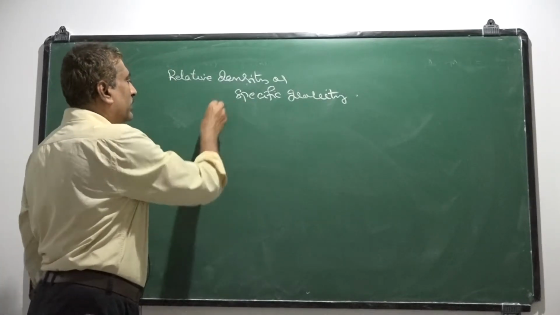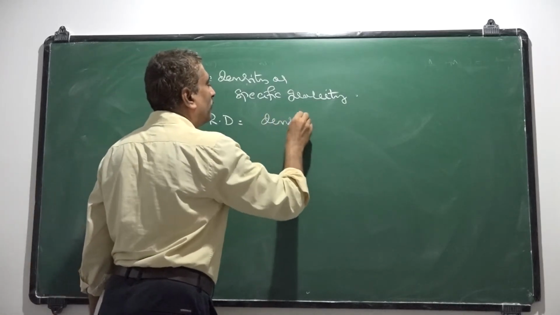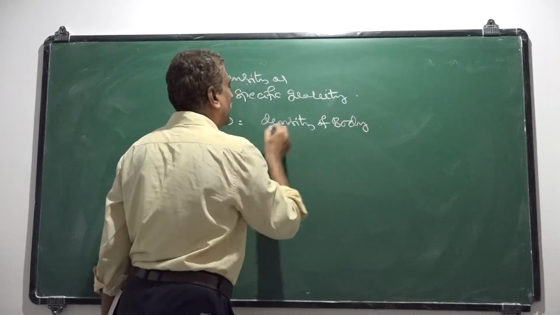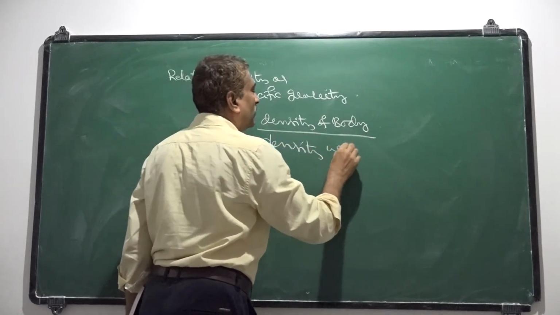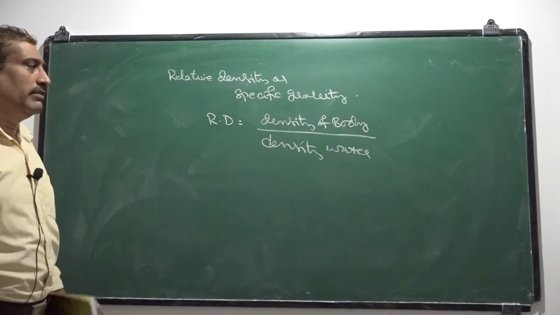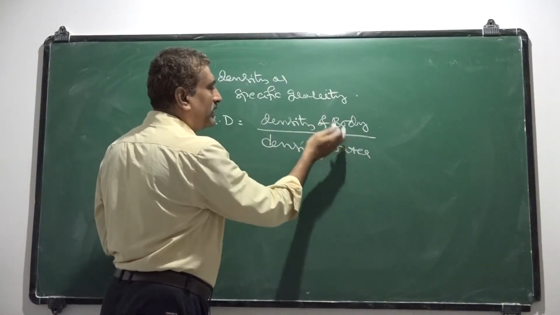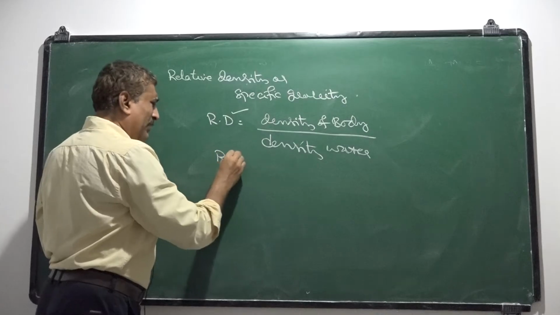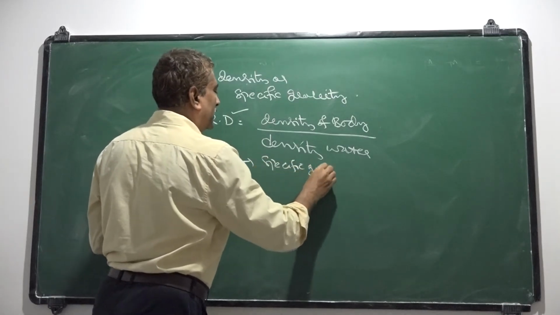So here relative density is defined as density of the body divided by density of water. This is a simple definition. As these two have the same units, relative density or specific gravity is simply a number.